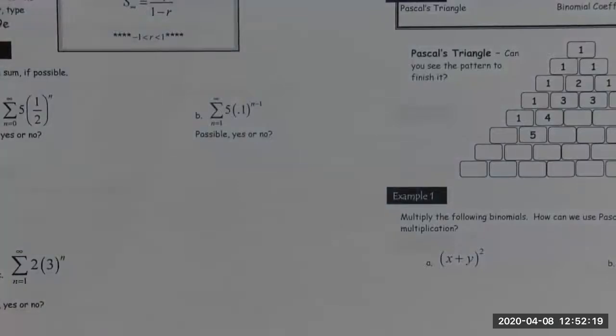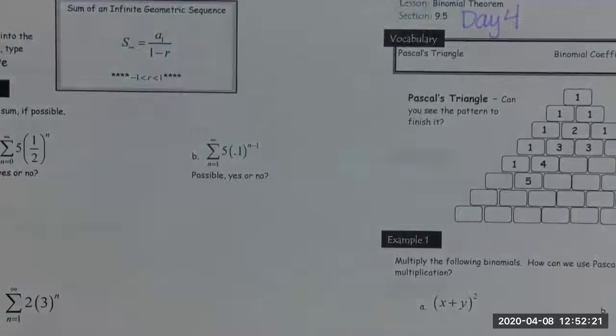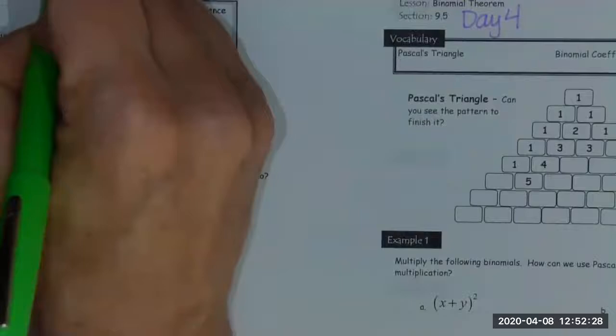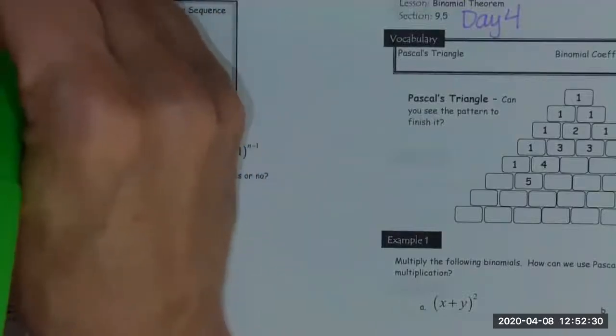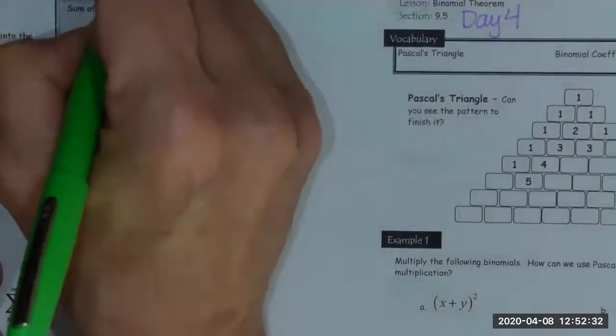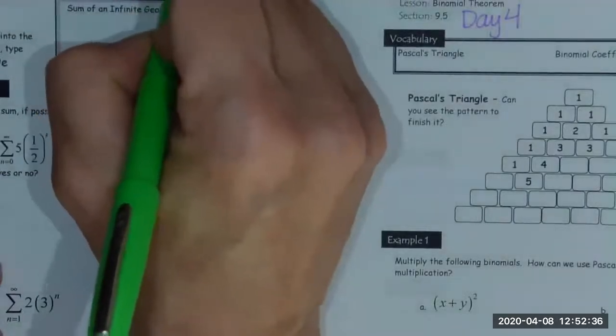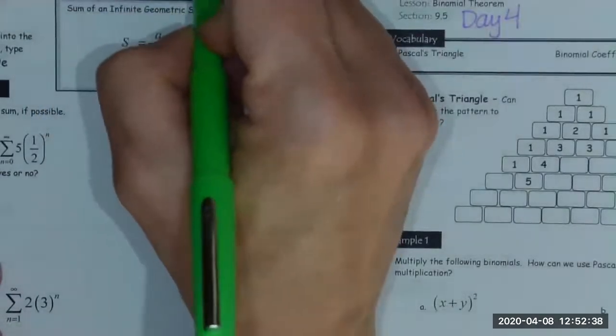Let's think about why. If I told you r was 1/2, or let's do something ridiculous, let's do 1/8. If I started with 1 and multiplied by 1/8, I'd get 1/8. And then if I multiplied that by 1/8, I'd get 1/64, and so on.